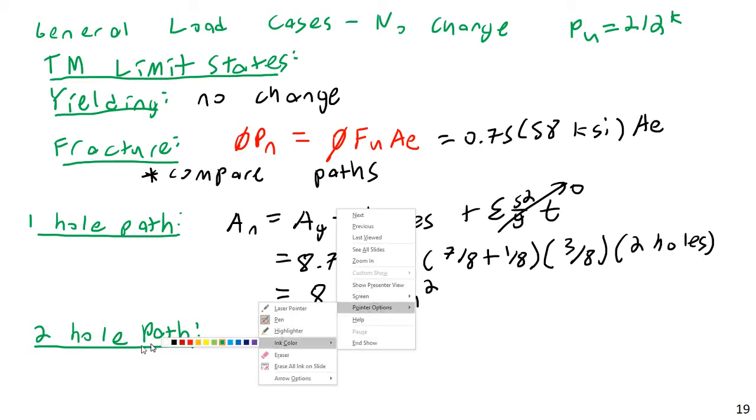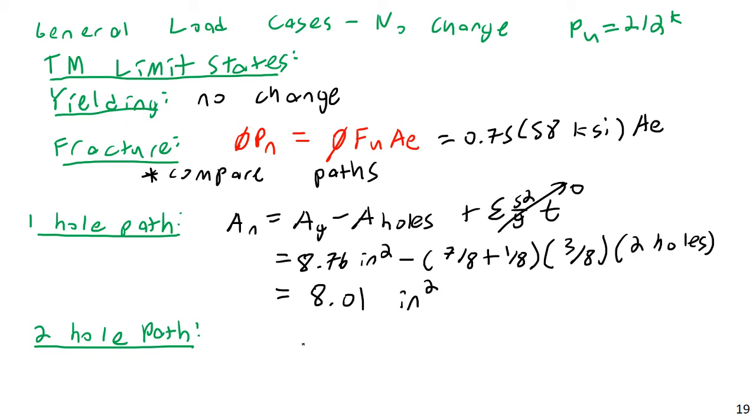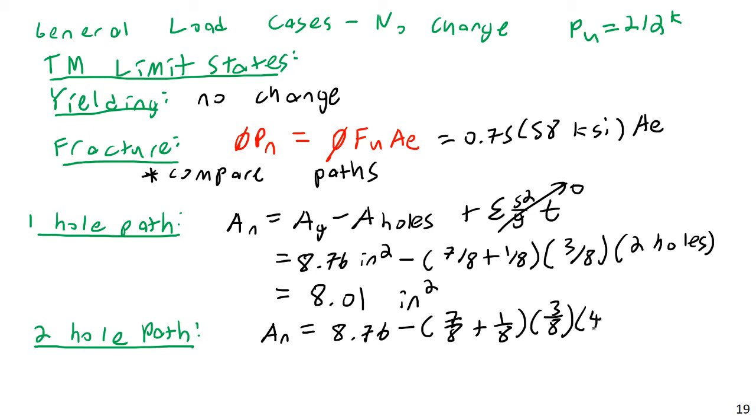And here our net area is going to be equal to 8.76. Let's see, 8.76 minus 7/8 plus 1/8, the same thing here, except now we'll multiply by 3/8 again, except now we'll multiply by 4 holes.